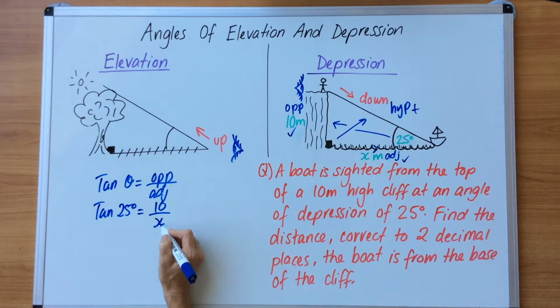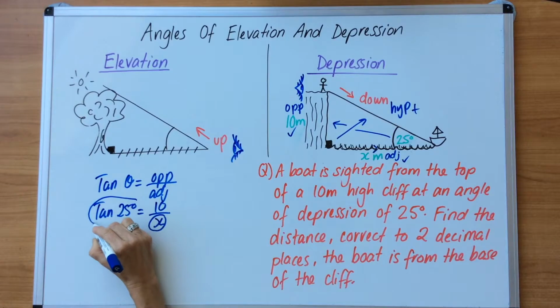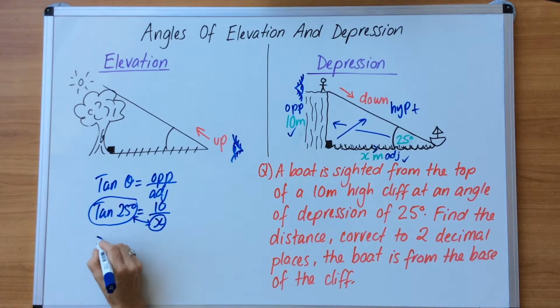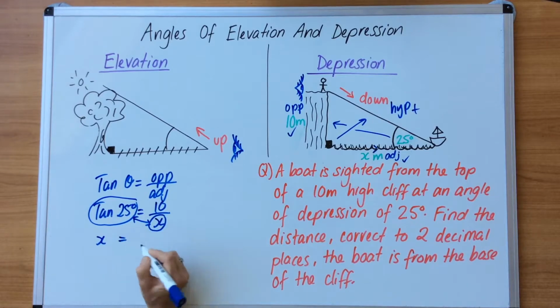From there, what we're going to do is circle, and circle, and we are going to swap them around and rewrite. So x equals 10 over tan 25 degrees.